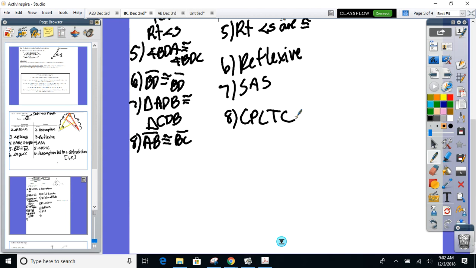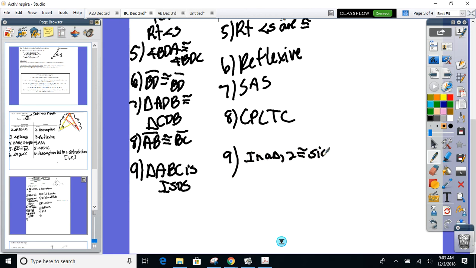You still got to tell me what about the triangle ABC. It's isosceles, yep. How'd you know it was isosceles? Two congruents in a triangle. Two congruent sides imply isosceles, or two congruent angles, depending on how you did it.